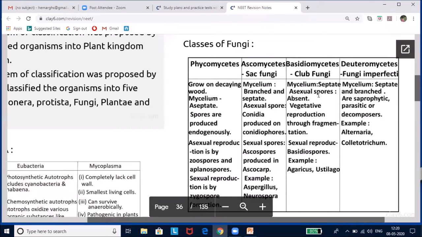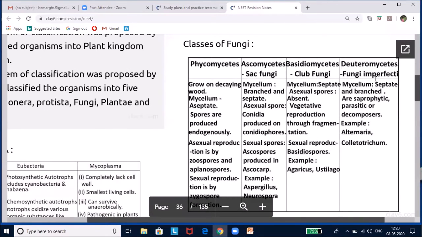Mycelium, again here, is septate. Asexual spores are absent. Vegetative reproduction is through fragmentation. Sexual reproduction is through the formation of basidiospores. Examples: Agaricus, Ustilago, etc. And Puccinia is also another example for Basidiomycetes.